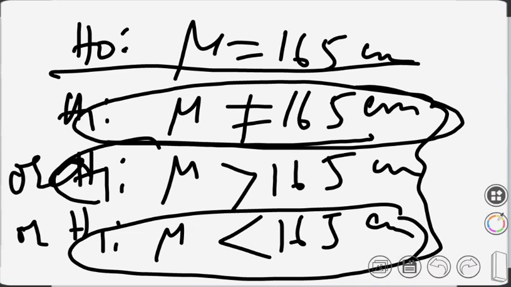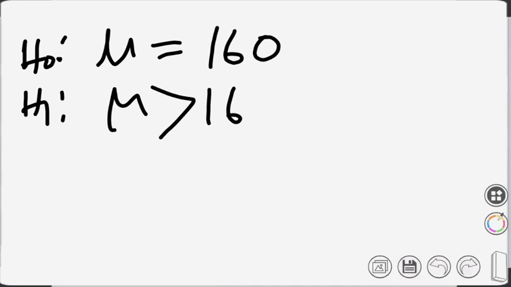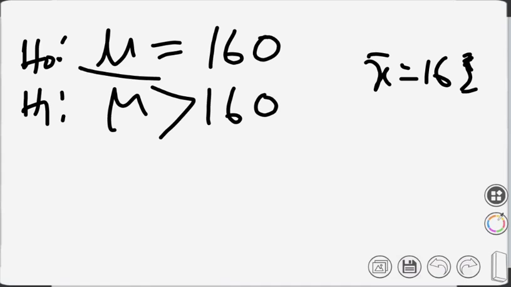In the original example, the null hypothesis is mu equals 160, and the alternate hypothesis is mu greater than 160, because the sample mean they have got is 165, so they are asking whether the population mean is more than 160 centimeter.